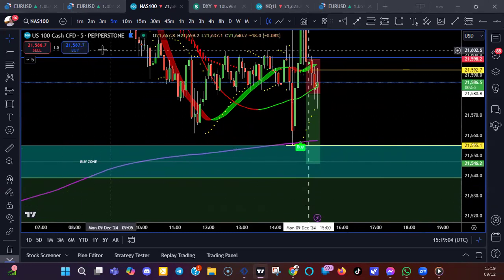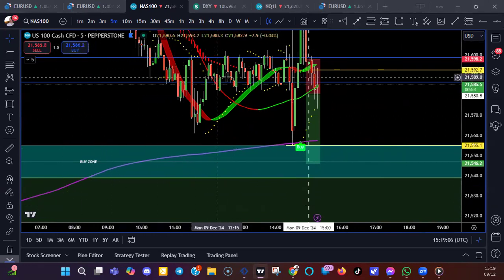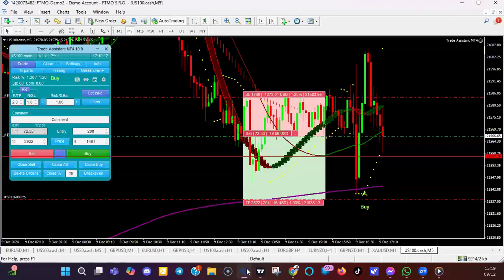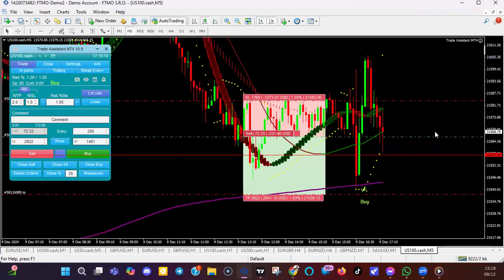We've got the Pepperstone feed on the US 100 because that is the closest we can get to the FTMO feed on the MT4. But as you can see, the numbers are a little bit skewed on here.